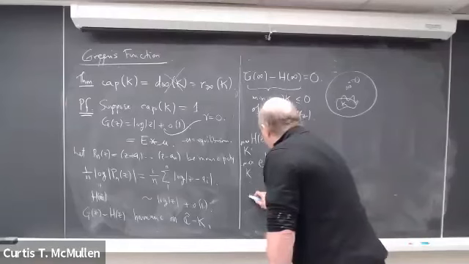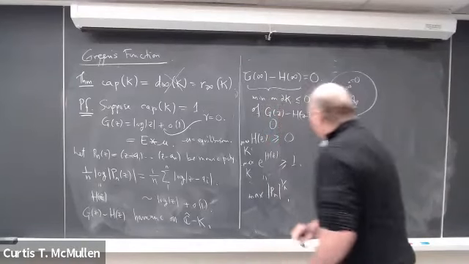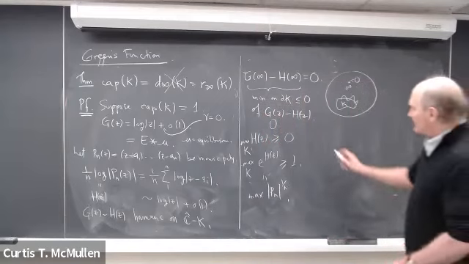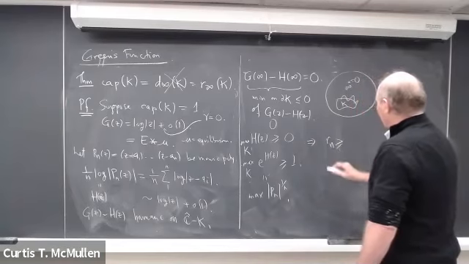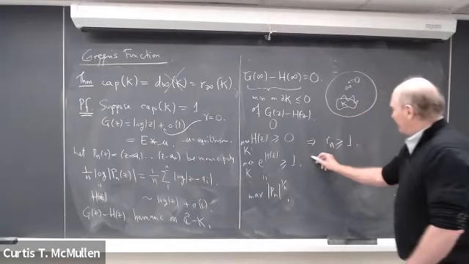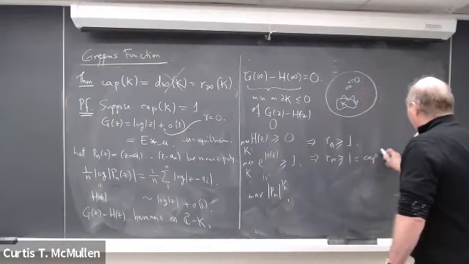And this is just the max of the absolute value of our polynomial to the 1 over n. And so that shows that little rn is greater than or equal to 1, and therefore little r infinity is greater than or equal to 1, which is the capacity of k.